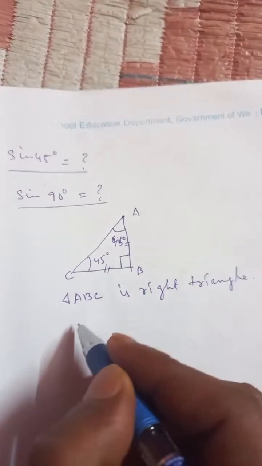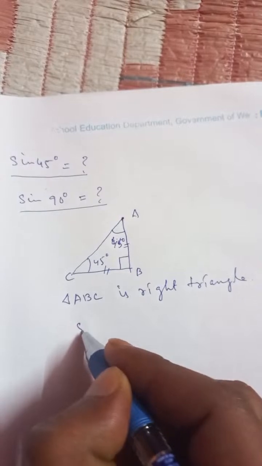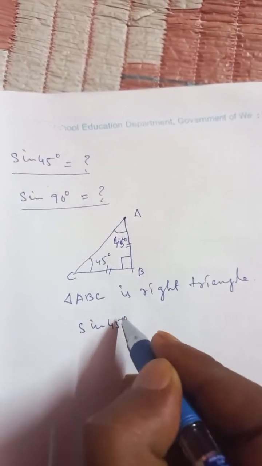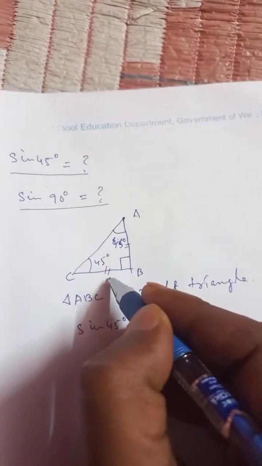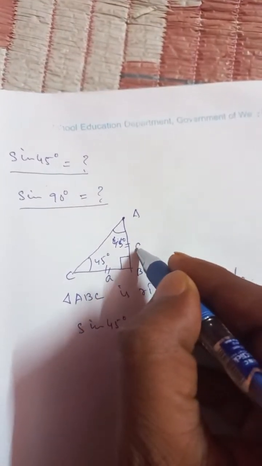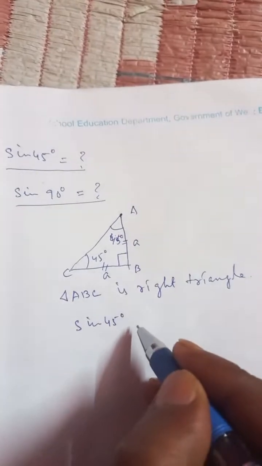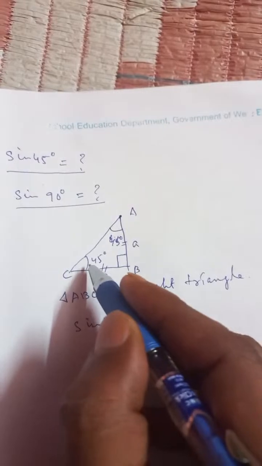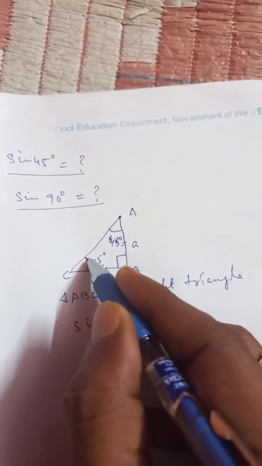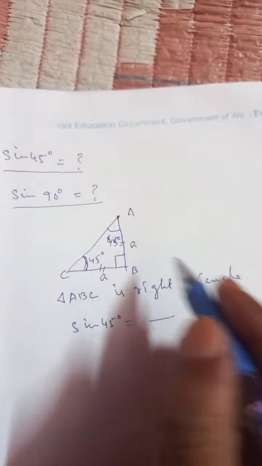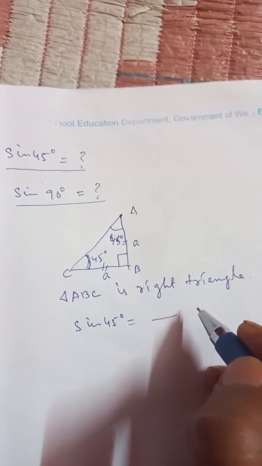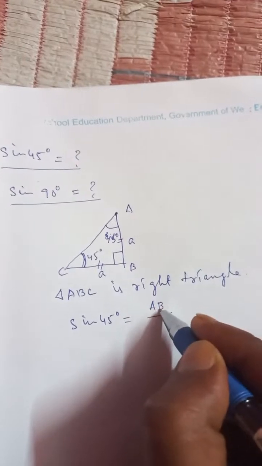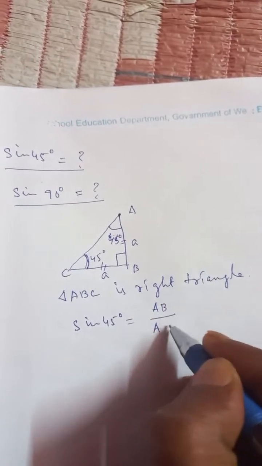Now for 45 degree, if we take the sides as A, then sin 45 degree is equal to, with respect to this angle, the height AB and the hypotenuse AC.